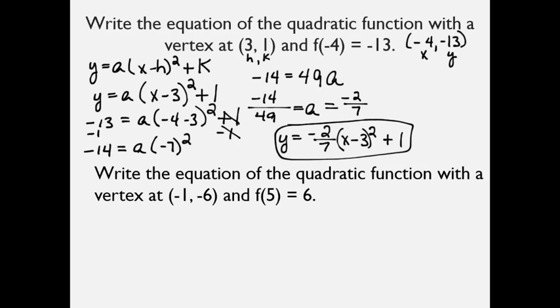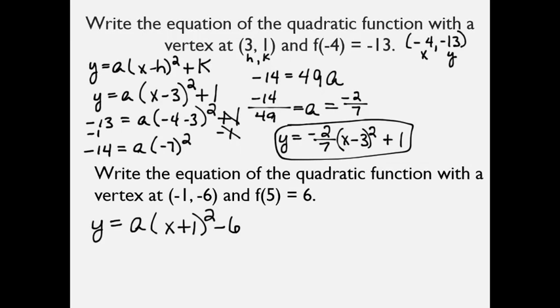So now looking at the bottom one, first let's write it in vertex form. We have y equals a times (x - a negative, or x + 1) squared, and then -6 stays the same. So it feels like you changed the sign on the x, but the y stays the same.